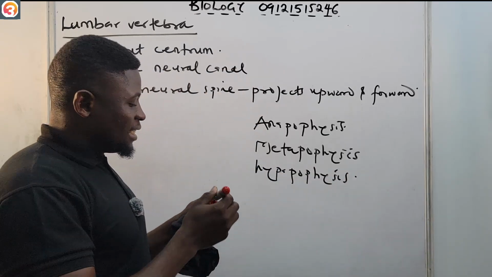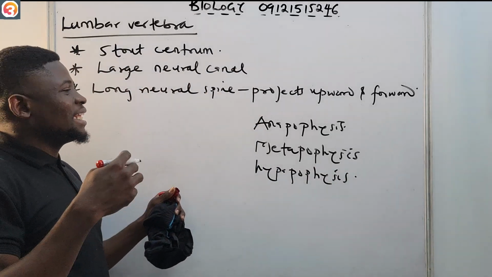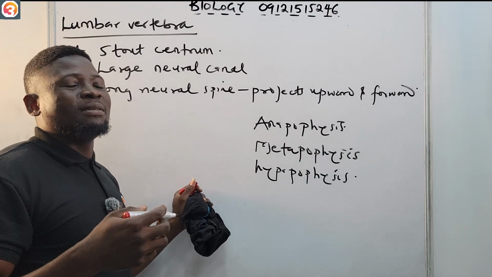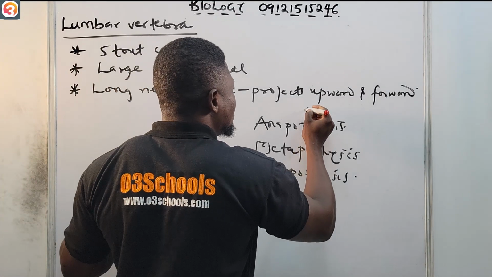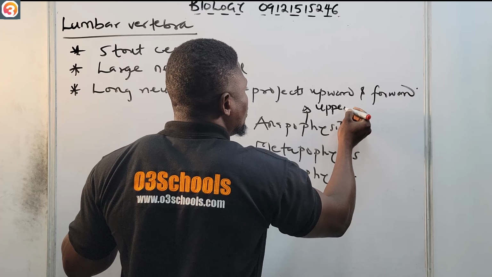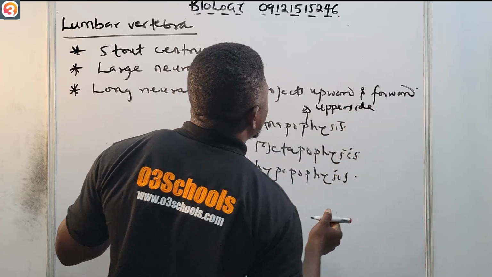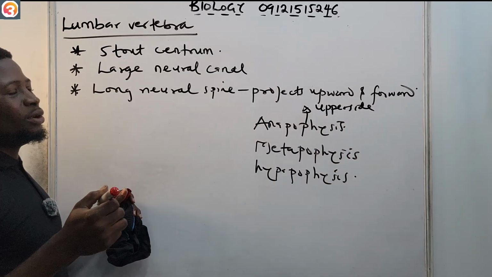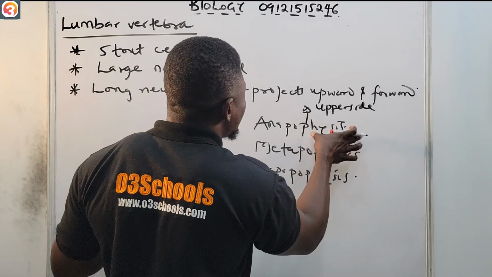Now, this anapophysis is located at the upper side of the vertebral arc. And what is the purpose of this anapophysis?